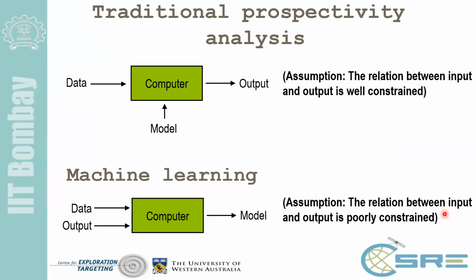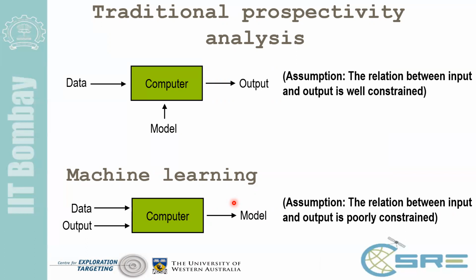So typically, prospectivity modeling, before machine learning became very popular, started off by having data, and we knew exactly what the model was. So we are providing the model to the computer, we are providing the data to the computer, and the computer gives us the output, which is the standard way of modeling.